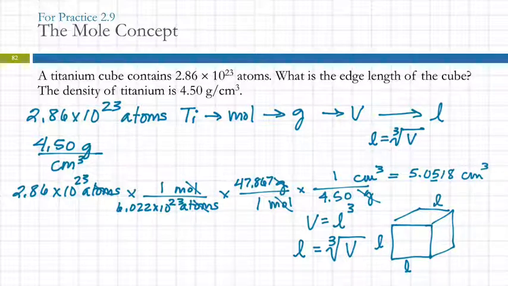To find the length, I'm going to take the cube root of that. And depending on your calculator, that's going to take different forms. I have a button on mine that allows me to choose which root I use. So on mine, I'm going to say 3, and then that box root of the thing button. It looks like this.